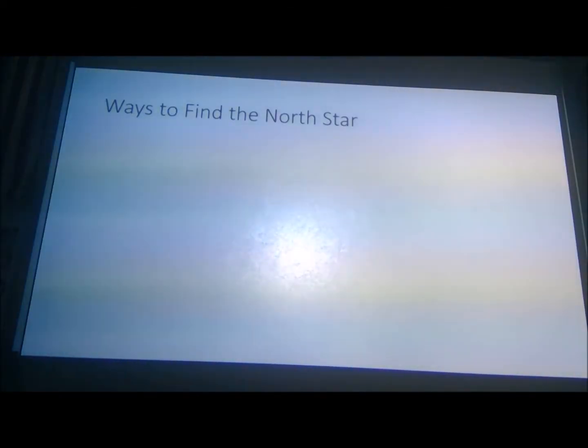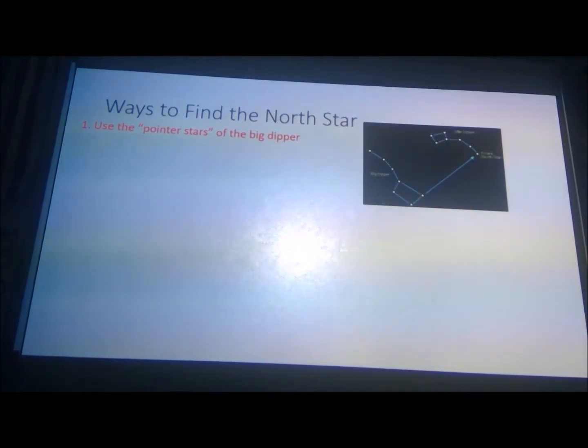Our North Star. How do you find it? There's 2 ways. And the first way is to use the pointer stars at the end of the Big Dipper. The Big Dipper is very easy to find and easy to see, for most people anyway. So you're going to take the 2 stars that make up the end of the pot on the Big Dipper, and they're going to point directly to Polaris, which is our North Star.